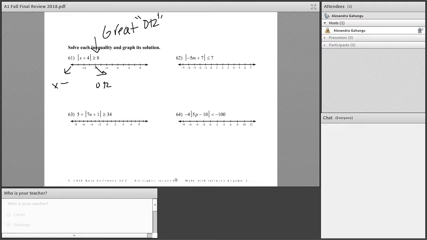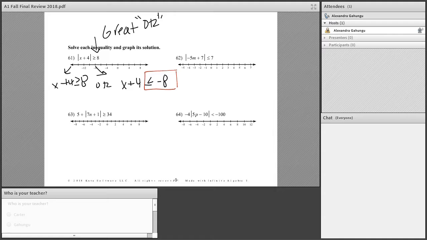So it's going to be x plus 4 is greater than or equal to 8. And then or x plus 4 is less than or equal to -8. So we flip the inequality and change the sign.